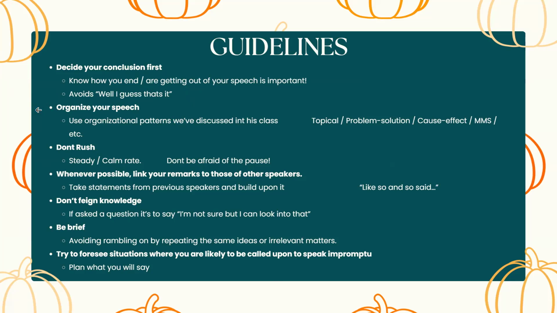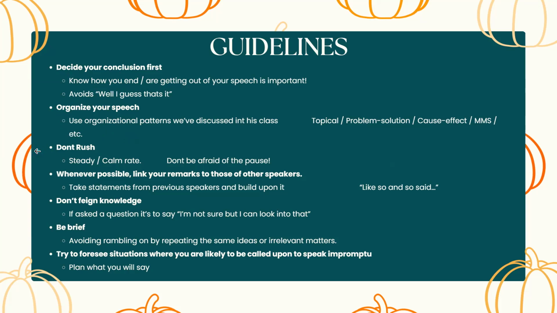Next is organize your speech. So, use an organizational pattern you've discussed in the class, right? We talked about topical, problem solution, cause effect, MMS, all the ones we talked about today, right? So, do your conclusion first, then organize your speech. So, in this case, you're going to have a note card. We're going to have you write out the MMS pattern before you get your topic and go out in the hallway.